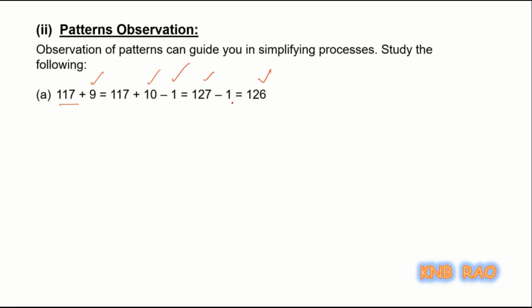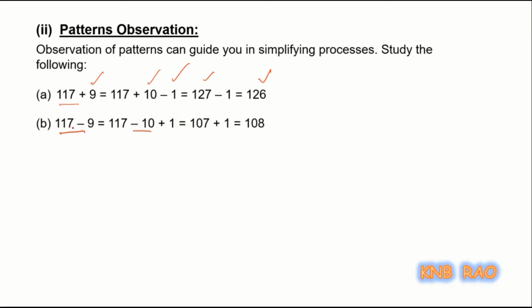So, this is one sort of logic. Instead of adding 9, first add 10, then subtract 1 from that sum. Next, subtracting 9 from any number is first take away 10, then add 1 to that difference.